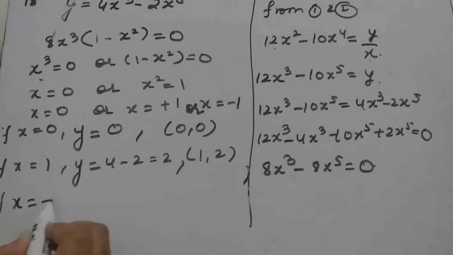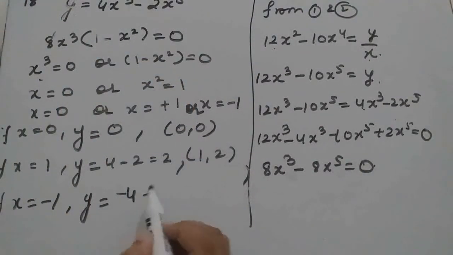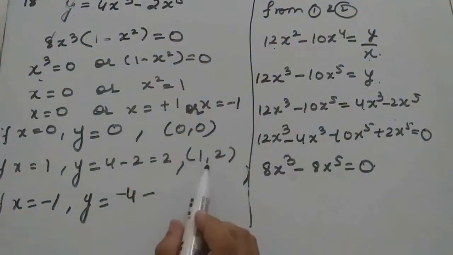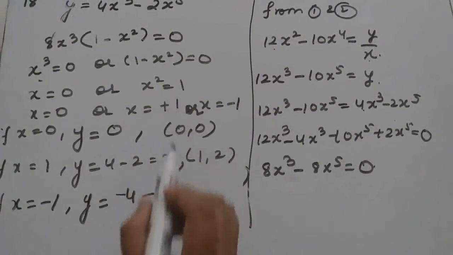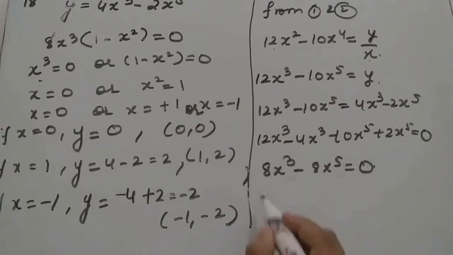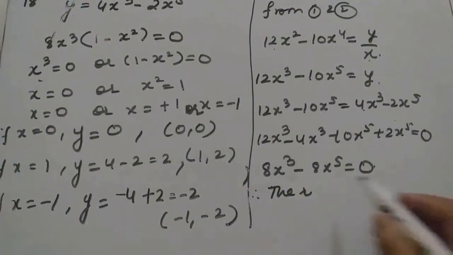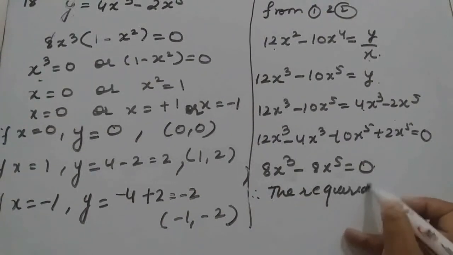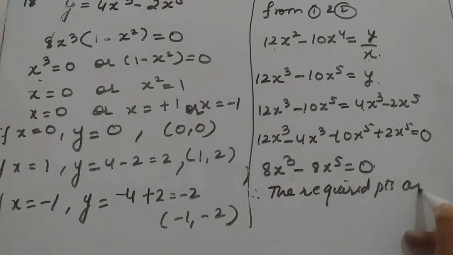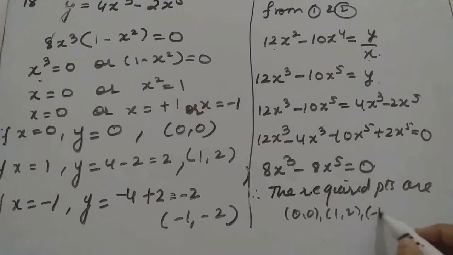If x is minus 1, so y will be, see this value will be minus 4, and x power 5 means minus 1, minus is already there, so minus 2. So the point will be minus 1 comma minus 2. So therefore we can write the required points are 0, 0, 1, 2 and minus 1 comma minus 2.